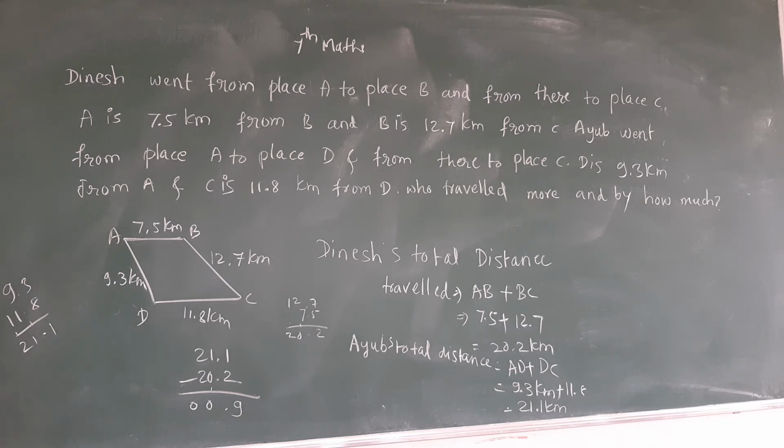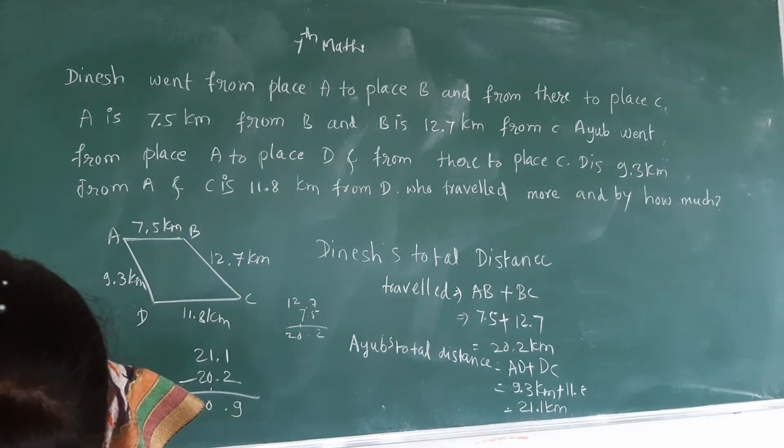We will get the answer as 0.9 kilometer. The difference between them is 0.9 kilometer. That much extra Ayub traveled more than Dinesh. Like this we will solve these examples.